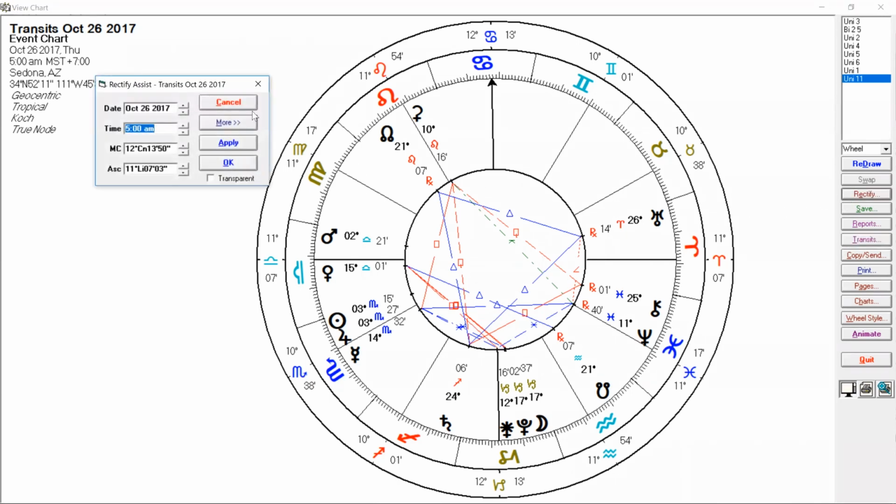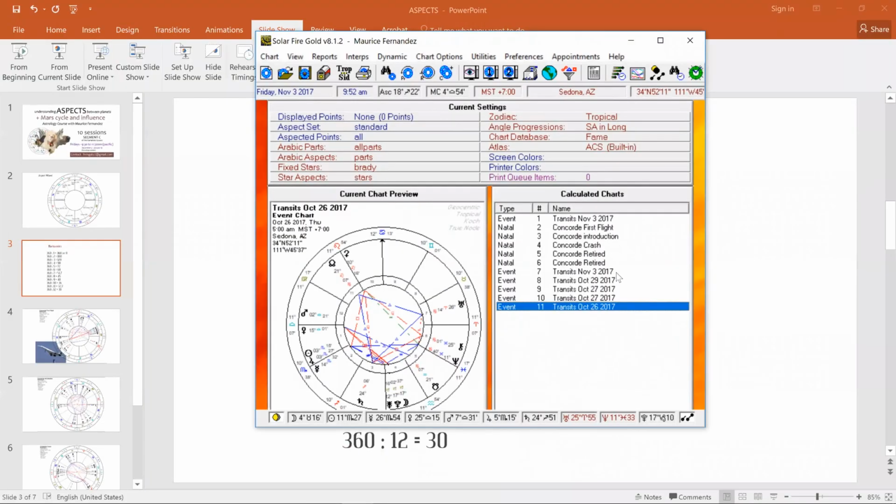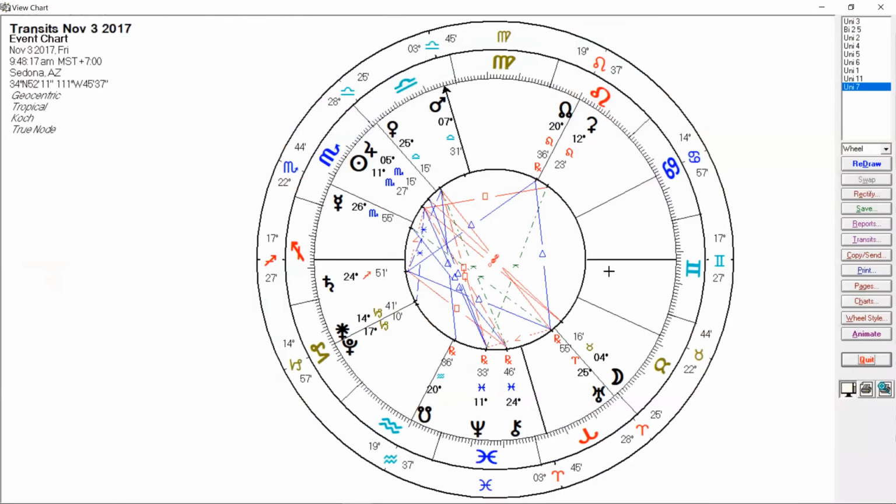And as the Sun moves faster than Jupiter, we go back to our current position, and now it's 6 degrees apart. So the range, the orb, is about 10 degrees. That's when you can still consider that these planets are together and they are influencing each other.